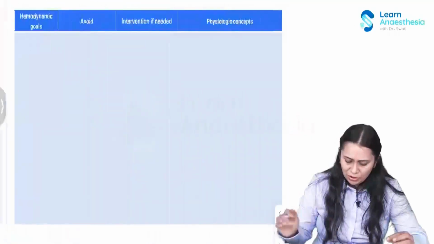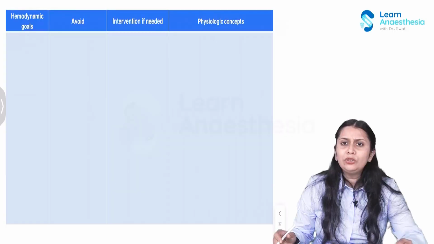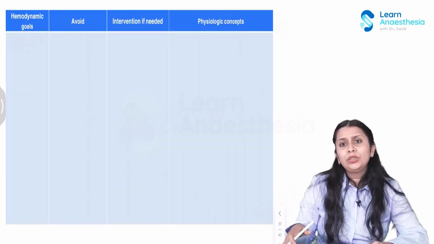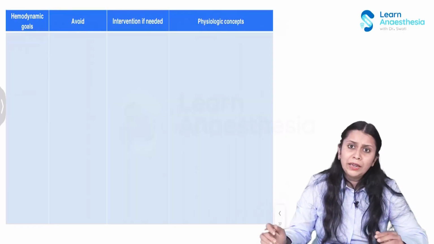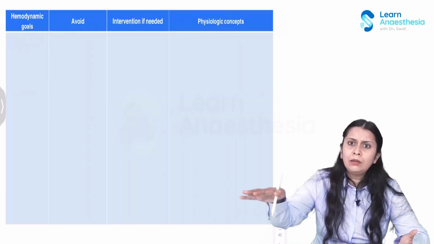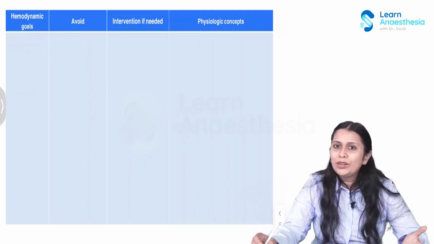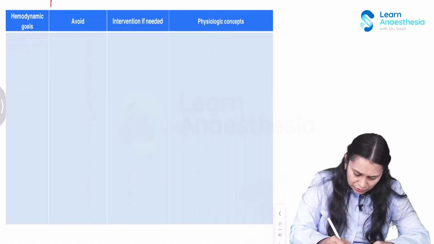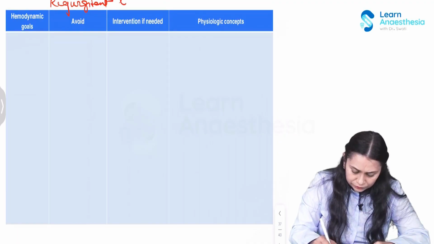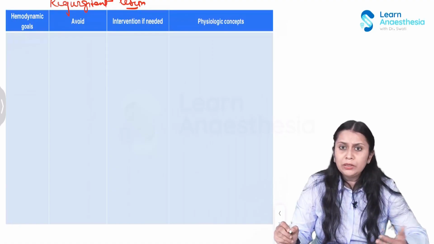Okay. Now coming to the regurgitant lesions. So in regurgitant lesions, what do we need to do? We have to maintain the perfusion. We have to decrease the regurgitant flow, right? So what do we do? To maintain the perfusion, we need to decrease the SVR, just the opposite of what obstructive lesions require. So in regurgitant lesions, the hemodynamic goal is to maintain the heart rate or increase the heart rate.